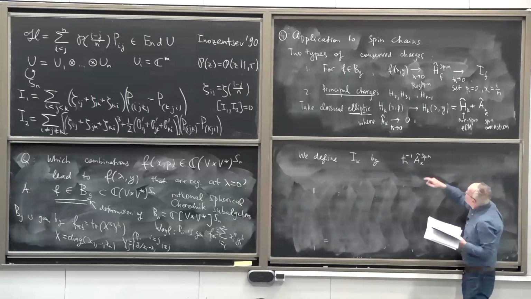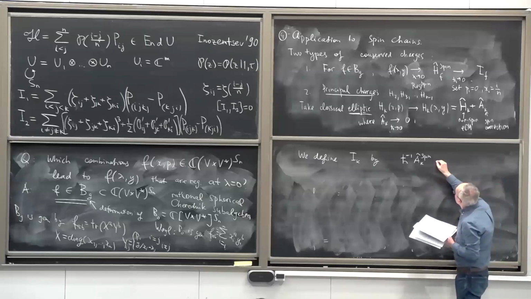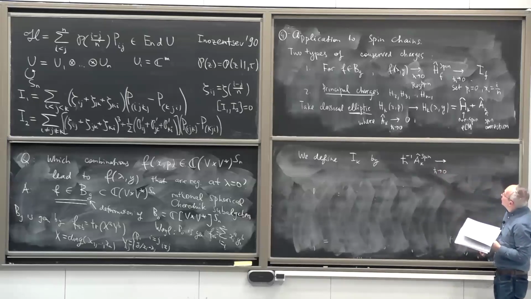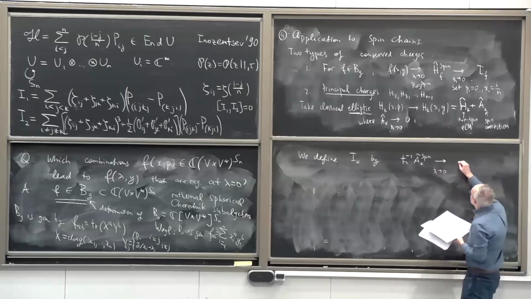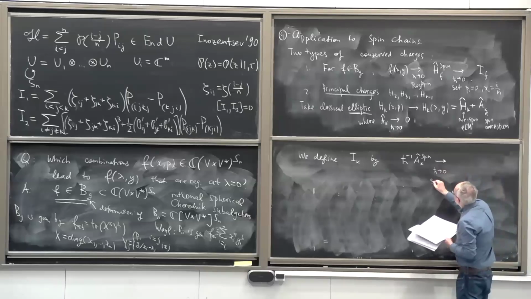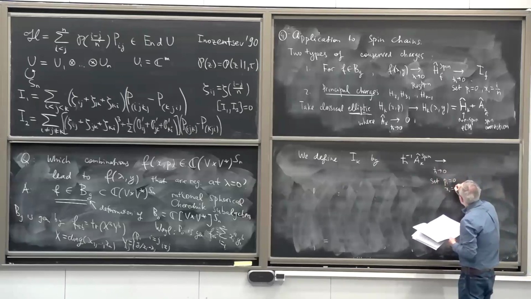I need to turn it into a spin operator and then take the limit as h bar goes to 0. So the classical limit of that makes sense now because a_k vanishes. And then in the classical limit you set again pi to 0 and xi to I over n.